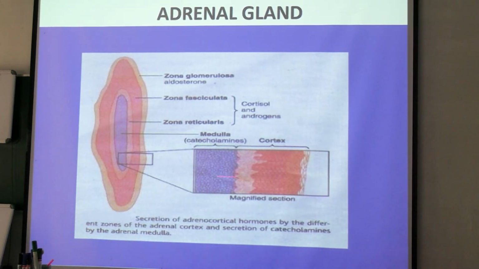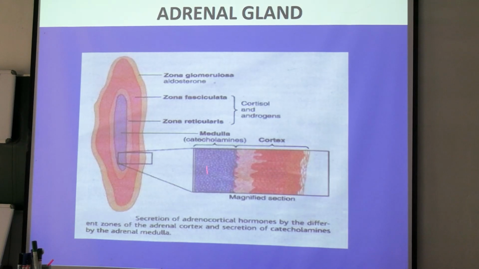Okay, so this is an enlarged view. See, this violet part is the medulla. These are the three layers of the cortex: zona glomerulosa, fasciculata and reticularis.